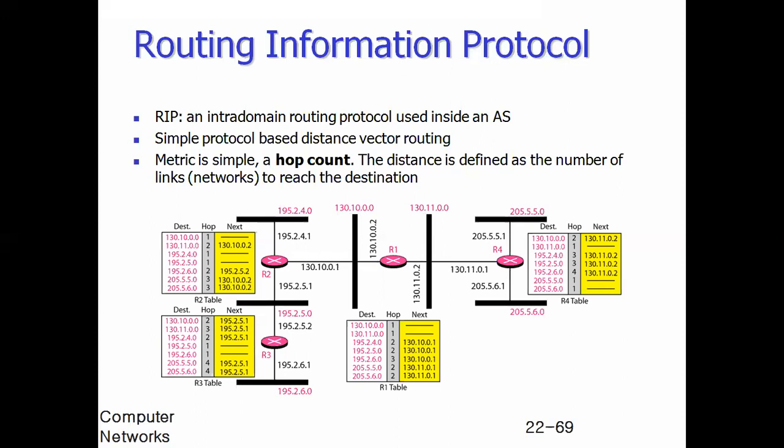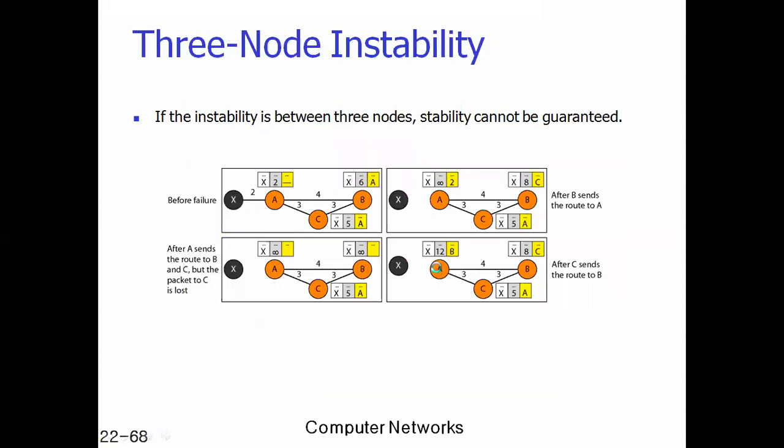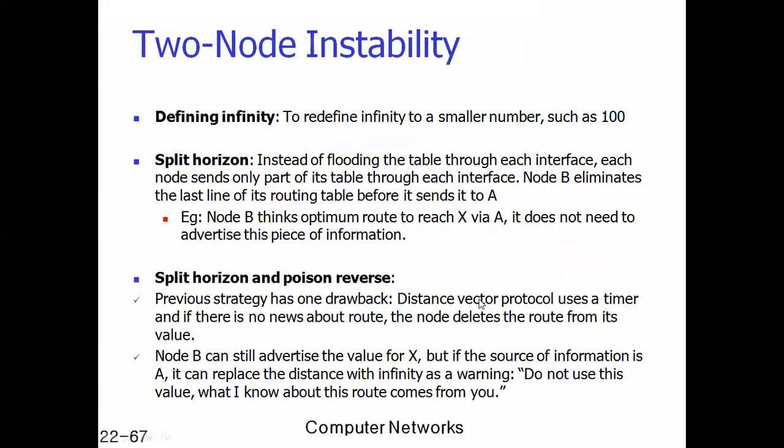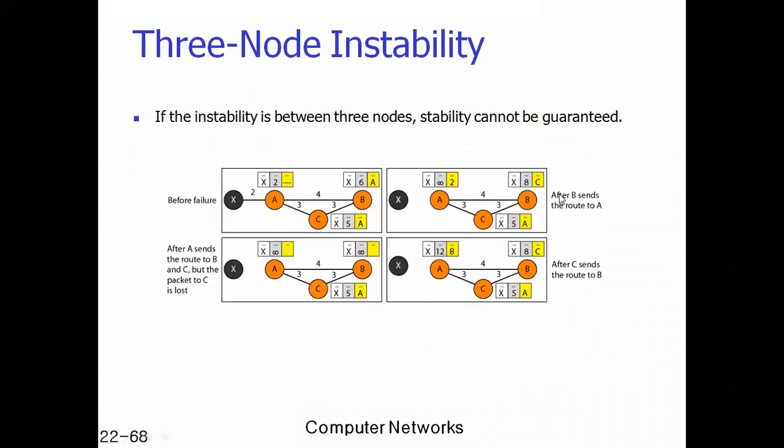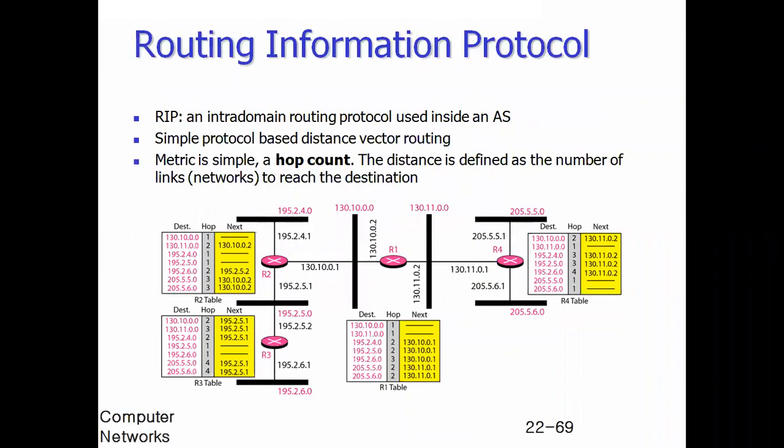Periodically means after every 30 seconds, every router shares its table with the immediate neighbor. Or whenever there is a change, as soon as a router is removed from the network and another router comes to know, it will share this information with all other routers. So in this way RIP works.